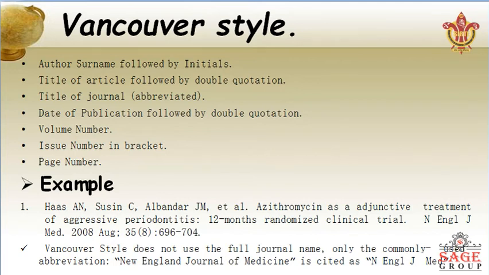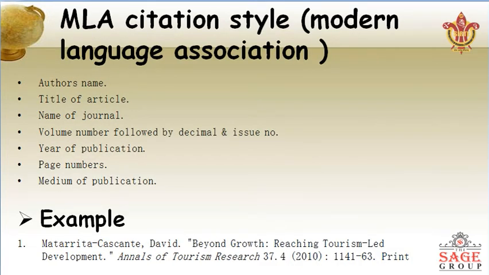Next we have the MLA citation style. In this, first we have the author's name, then the title of the article, then the name of the journal in italics, and then the volume and the issue. After that we place the year of publication, then the page numbers, and then the medium of publication, meaning whether it is online or offline. If it is offline, we say it is a printed version, a hard copy.